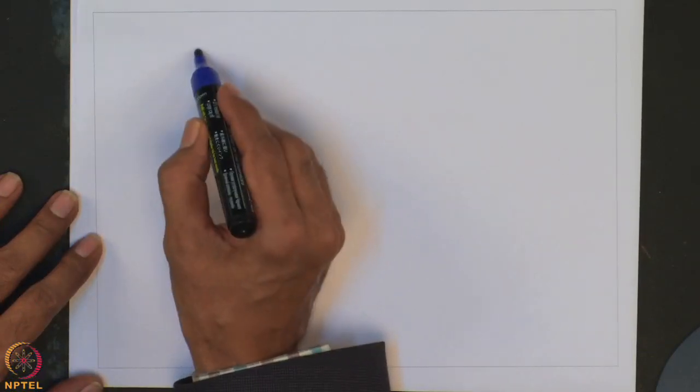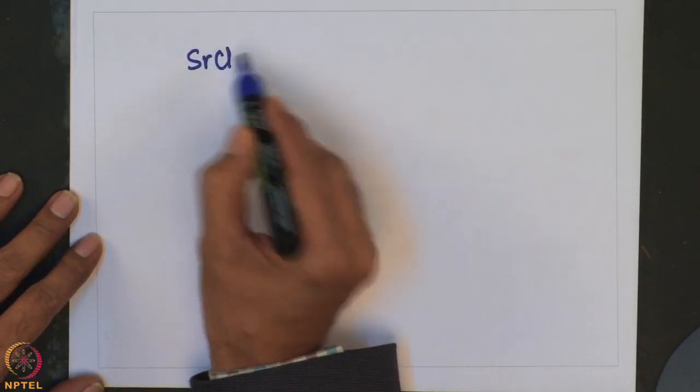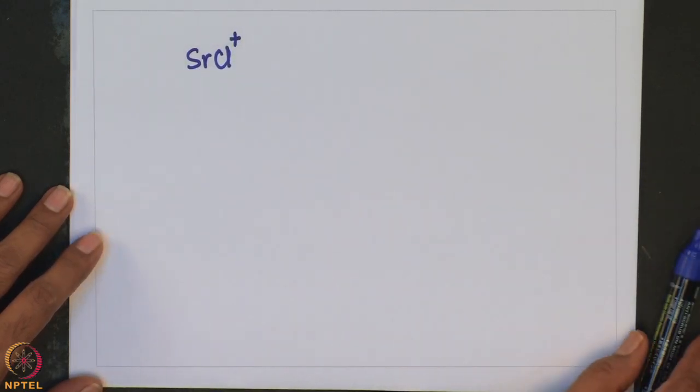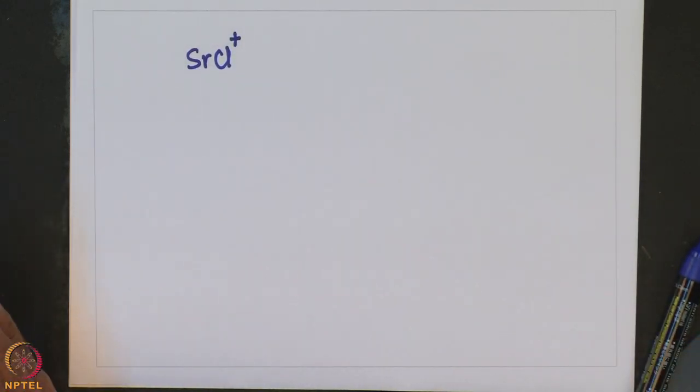Similarly, strontium nitrate and carbonate are used to produce red color on formation of SrCl+. If you want to give red color, one should use strontium, and essentially here similar to barium chloride, it forms strontium chloride plus. Strontium chlorate and perchlorate are effective in producing red color.